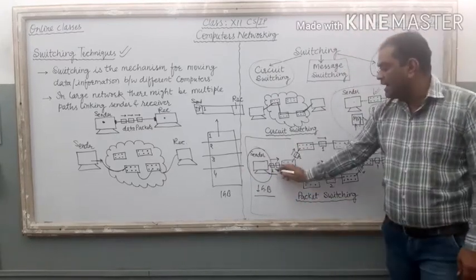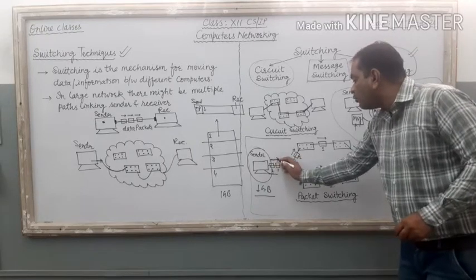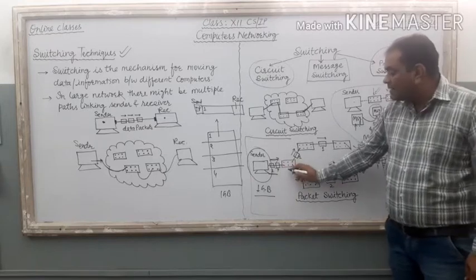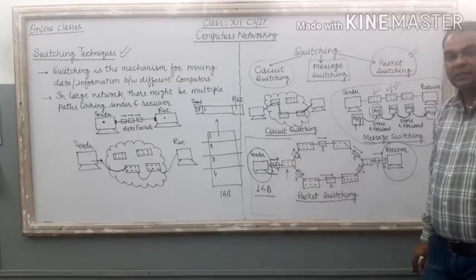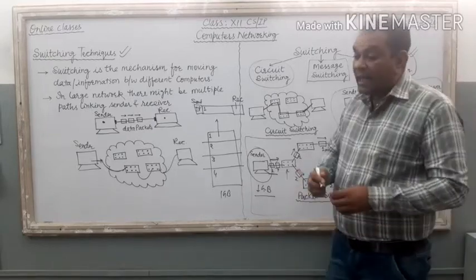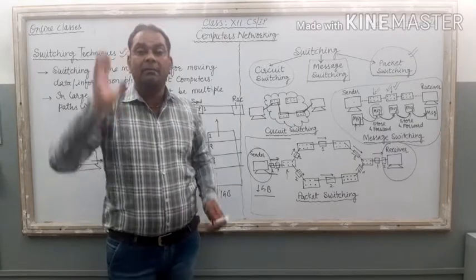Here the file is divided into two packets. Now suppose these two packets are going to travel from this circuit. This packet reaches towards this node. Right? Now these packets can travel by using any available route.